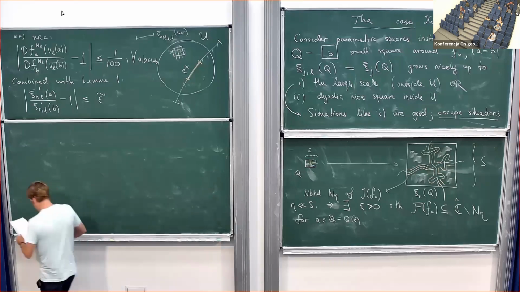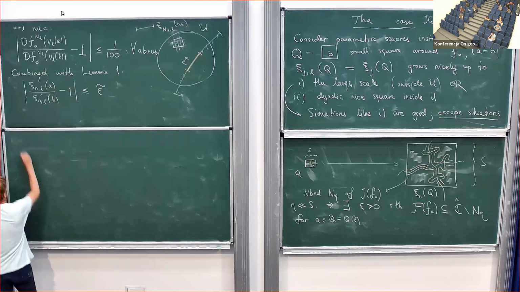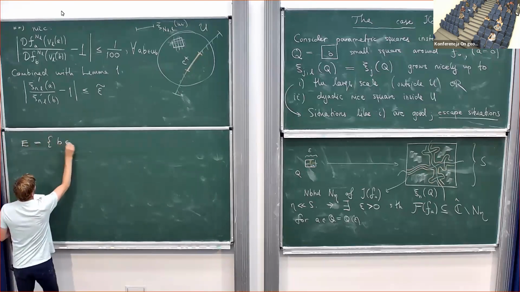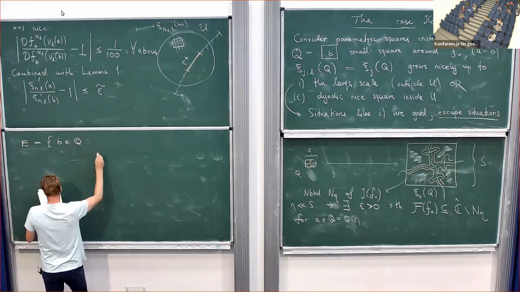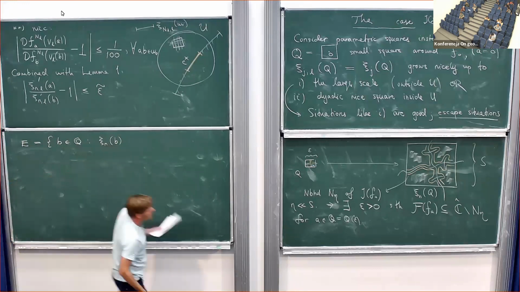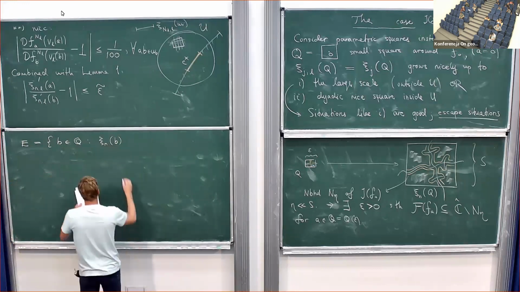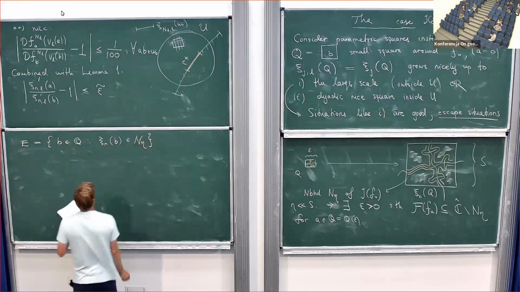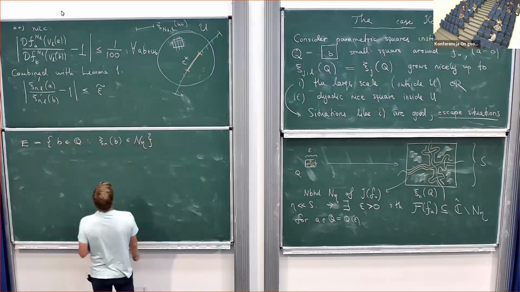So if I write E, the set of B in Q such that psi n of B, I wrote it down there, belongs to the neighborhood. This should be a small set.